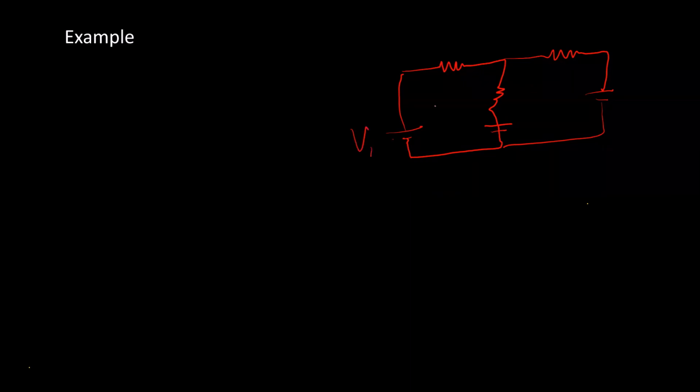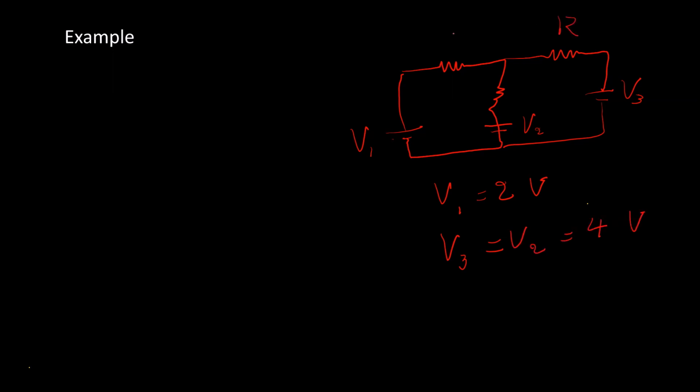So V1, which is 2 volts, and V2 and V3 that are 4 volts, and R is 2. All of them are. So R is 2.